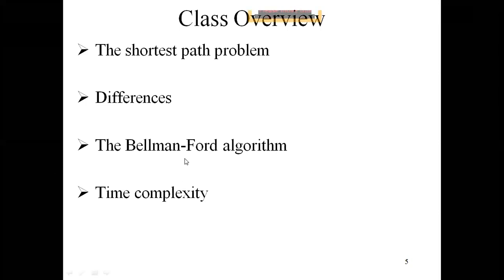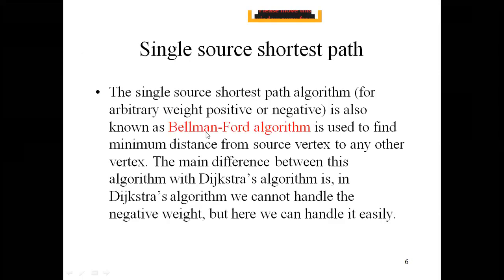Now see the first topic, the shortest path problem. Single source shortest path problem. What is single source? Single means one. Source, we are taking the source vertex. Shortest path, we are finding the shortest path from the source vertex to each and every other vertex.